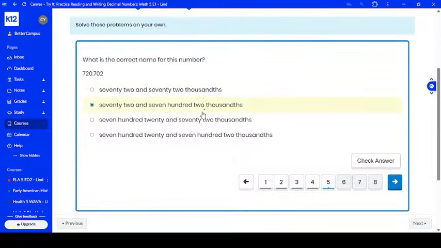A, B, C, D. What is the answer? 10 seconds to decide. 10, 9, 8, 7, 6, 5, 4, 3, 2, 1.